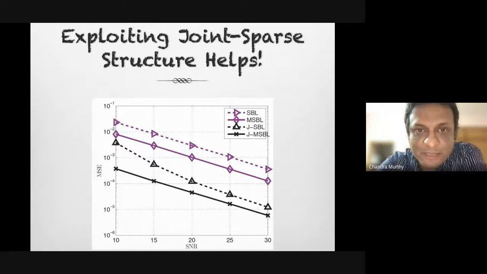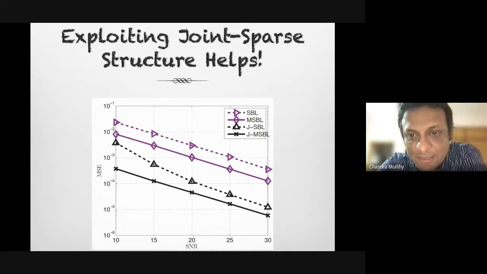And this plot basically tries to emphasize the point that exploiting this joint sparse structure helps, because you can see the comparison between SBL, which does antenna pair by antenna pair channel estimation, versus the MSBL, which exploits this joint sparsity structure, and both with joint channel estimation and data detection, as well as standalone channel estimation, which are the purple curves. You can see there is a considerable improvement, almost 1 order of magnitude improvement in the mean squared error that you can achieve.